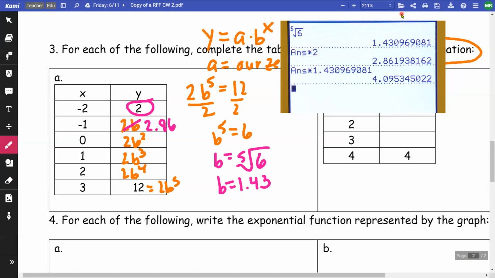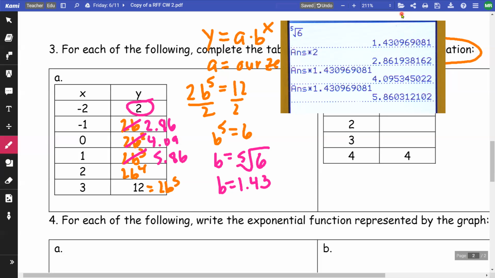Now you probably won't get exactly 12. So I'm getting about a 4.09. And again, I'm going to times it by this answer again, that 1.43. So I keep timesing it by 1.43. I get 5.86.